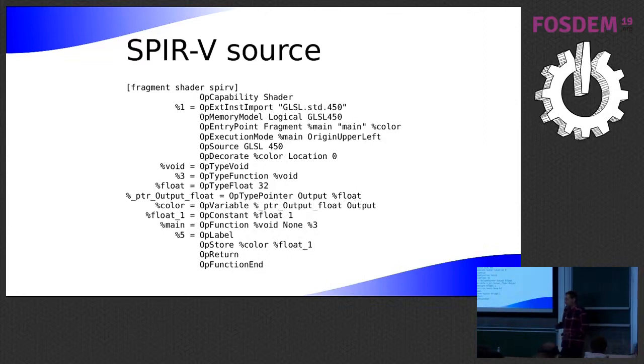VkRunner has a command line option to dump out the SPIR-V disassembly when you run the test, and then you can grab that disassembly, copy it back into your shader test, and modify it however you want to get the corner case that you wanted to test.